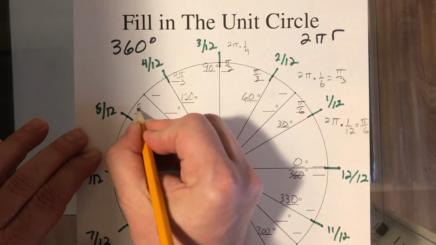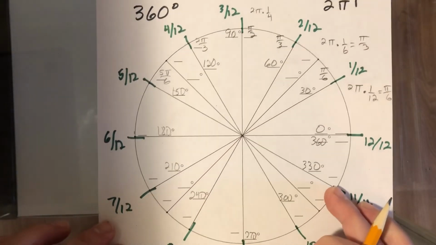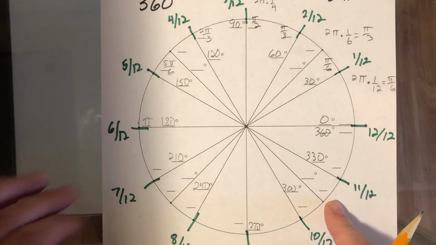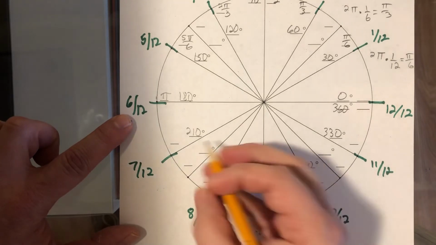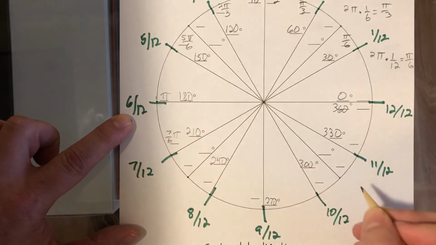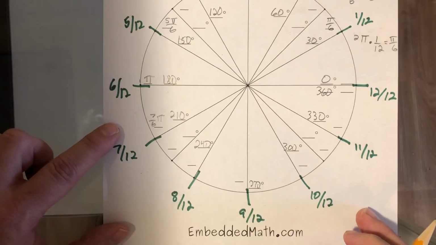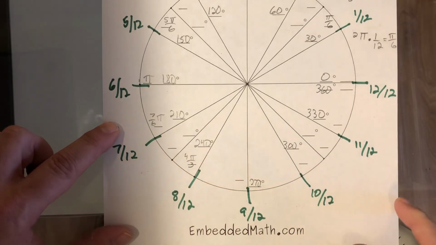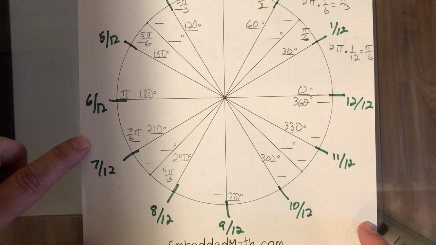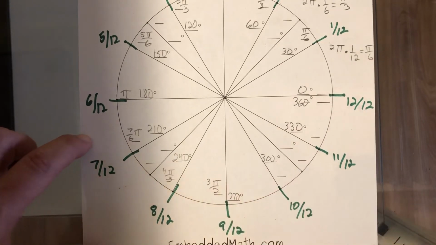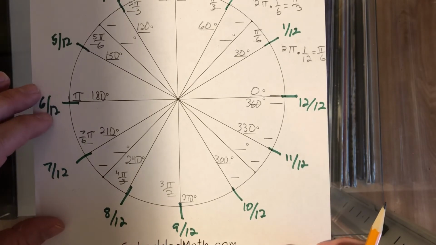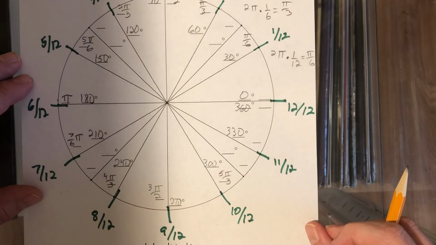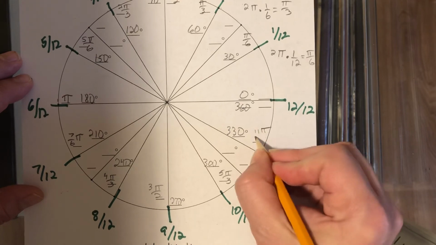5/12 is going to be 5 pi over 6. 6/12 is 1/2, so it's just going to be 2 pi divided by 2, which is pi. 7/12 is going to be 7 over 6 pi. 240 degrees, or 8/12, is going to be 4 pi over 3. 9/12 is going to be 3 pi over 2. 10/12 is going to be 5 pi over 3. 11/12 is going to be 11 pi over 6.